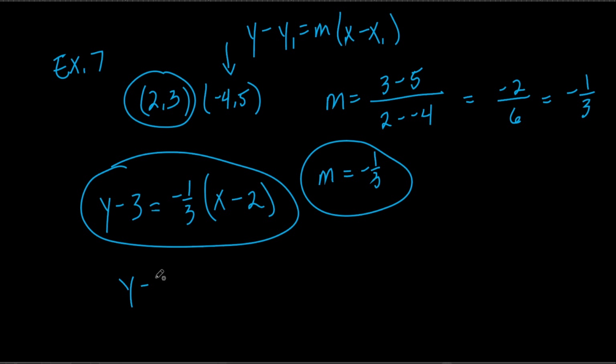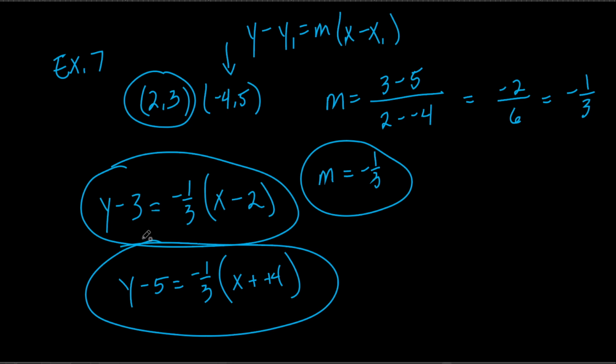So it's y minus y1, which is 5, equals, the slope is the same, and then x minus what? Negative 4. What's minus a negative 4? It's a plus 4, isn't it? So if they ask you to write it in point-slope form, you actually have 2 possibilities for an answer, but they represent the same exact line.